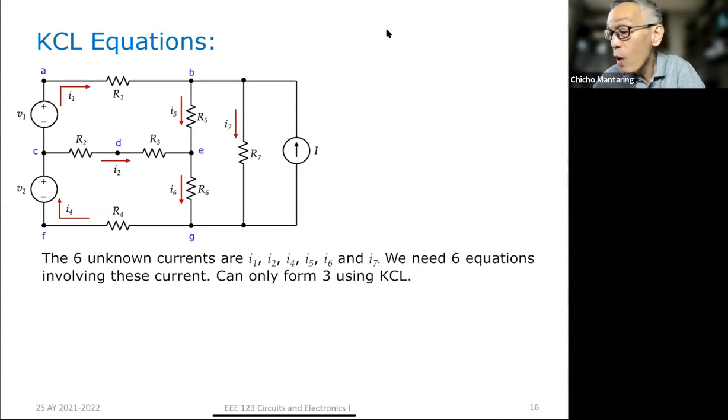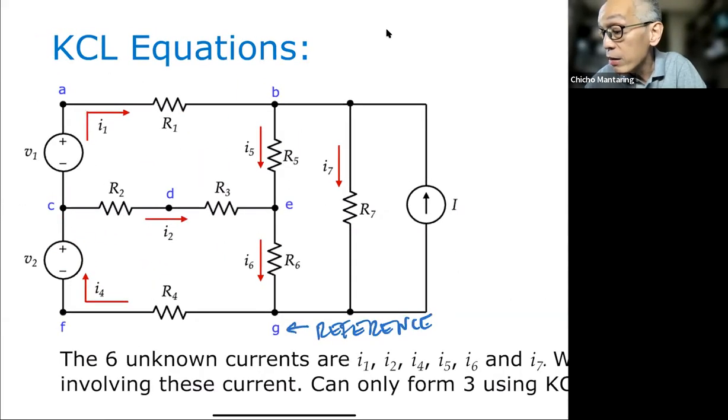So you make one essential node your reference. So let's say I make this my reference, itong G. So the 3 equations will be KCL here at B, at C, and at E.